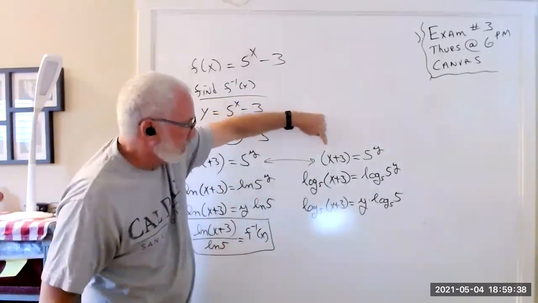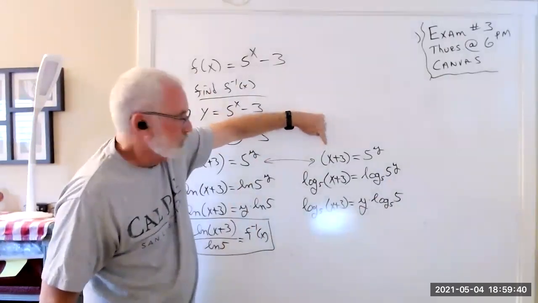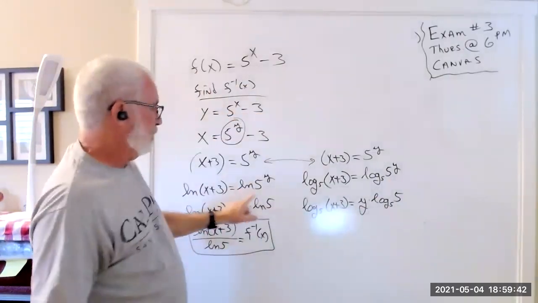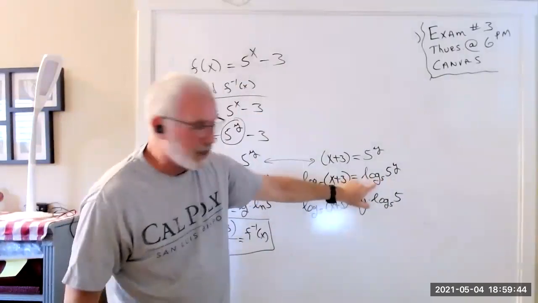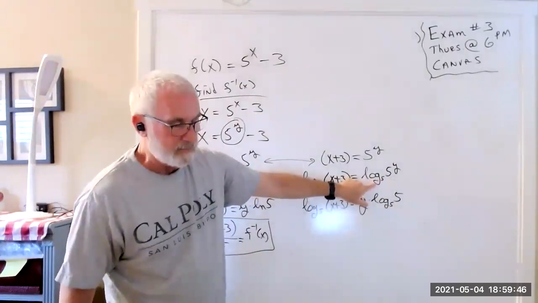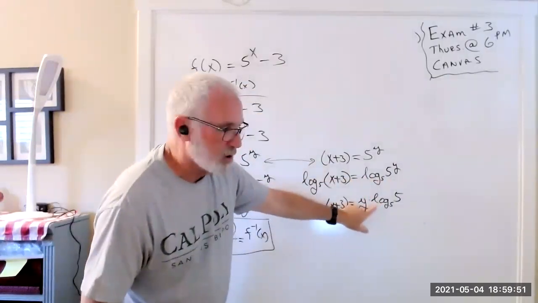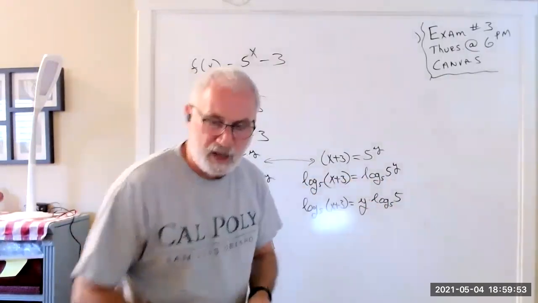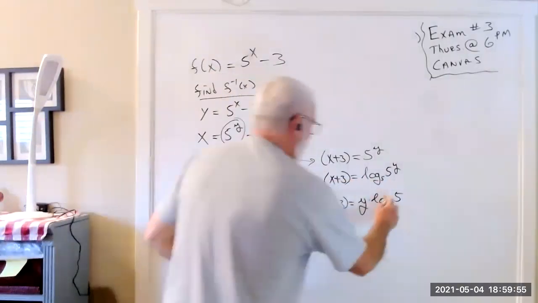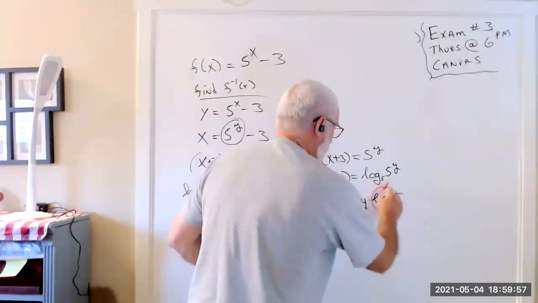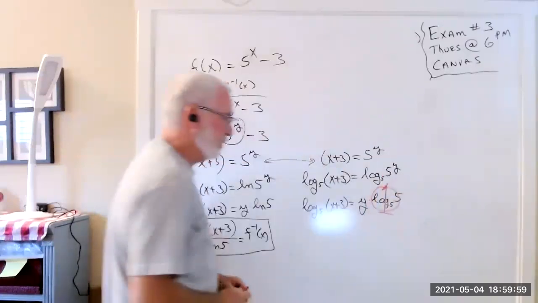I'm attacking this problem in a different way. So instead of taking the ln of both sides, I'm taking the log base 5 of both sides. Because I know that eventually I'm going to get the log base 5 of 5, and that is going to become 1 by one of our log laws.